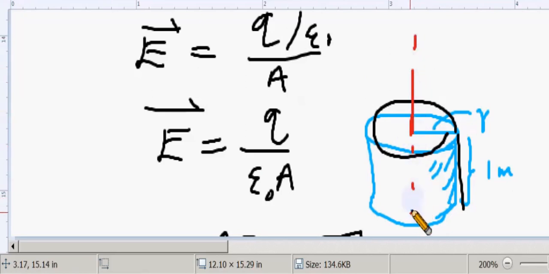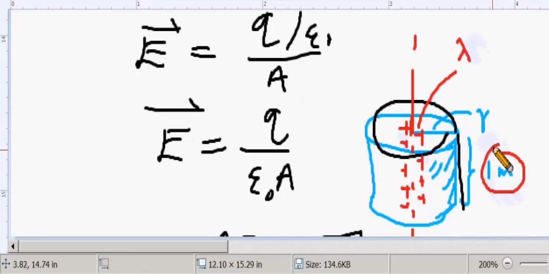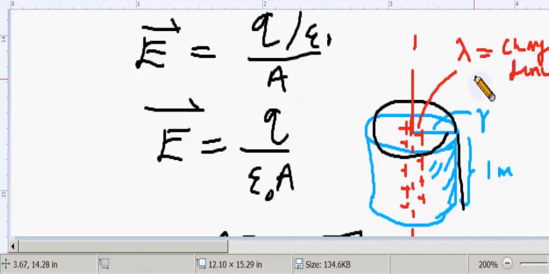So how much charge the wire contain? Wire has lambda amount of charges to 1 meter length. Lambda is charge density. Charge density is what?